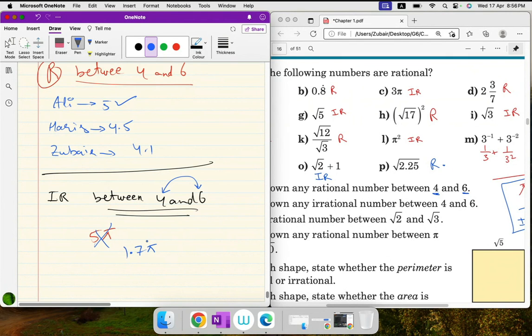Can we write 1 plus pi? Ali, which number? 1 plus pi. Yes, that is 4 point something. Very good.